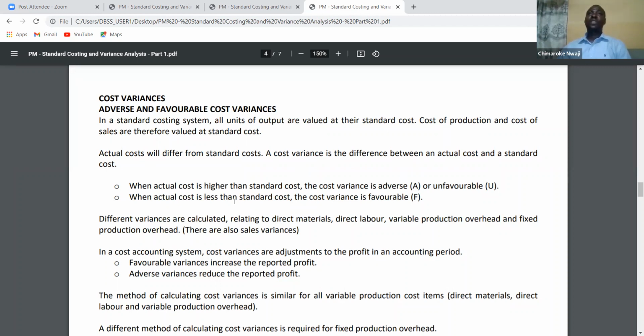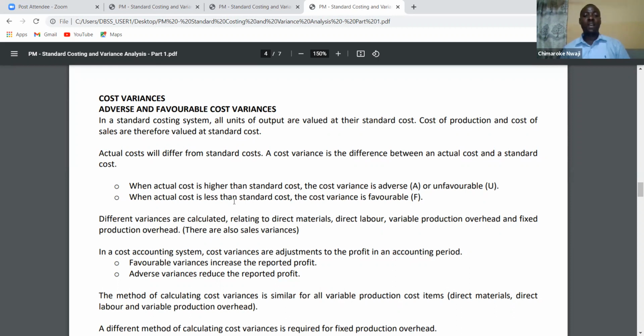And in the actual sense, you now spend higher than that. That means your actual cost is higher than what is budgeted. It's adverse. But when the standard cost is higher than the actual cost, then it's favorable. It means what you spent is less than what you budgeted.